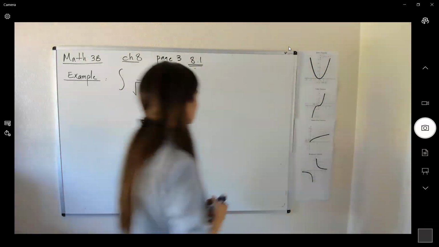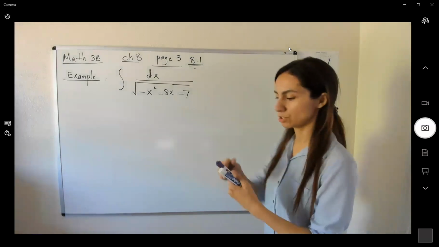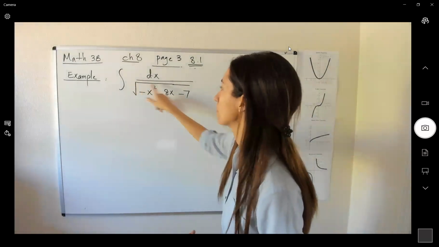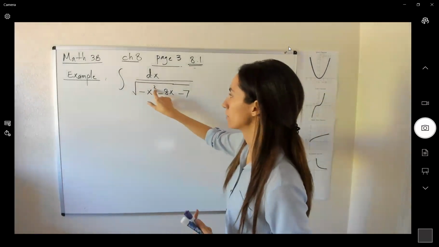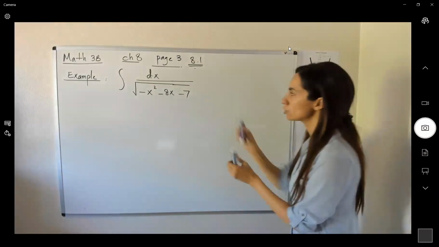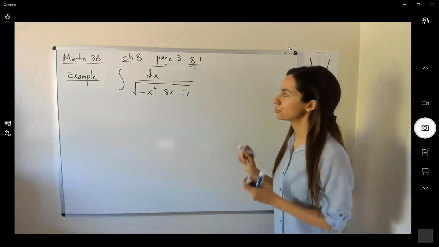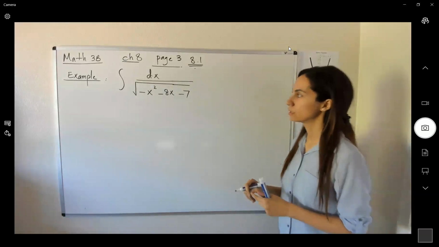Perfect. So what do we have in the denominator? In the denominator, we have the square root of an expression which happens to have exponent 2. So take this expression and try to write it in completed square format.